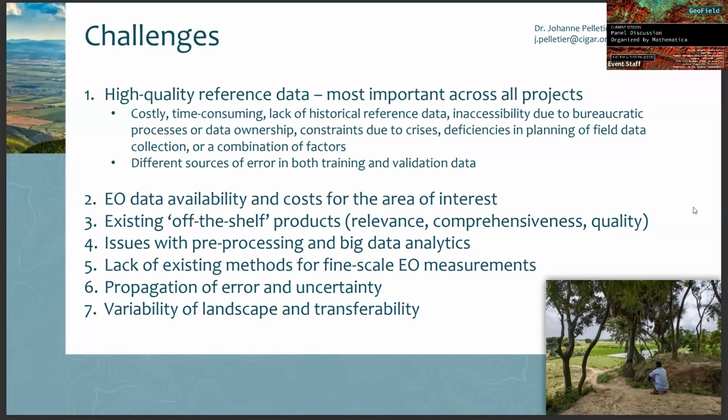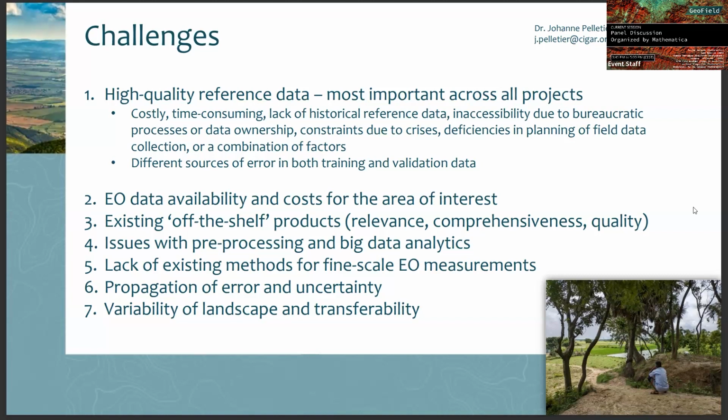It can be the costs, a crisis such as the pandemic, a conflict zone, or a disaster that prevents the team from going to the field. Or it could be constraints in data ownership, obtaining data from an organization that provides information but doesn't want to give the geospatial information, or there is some offset provided in the geospatial data, which can affect results and usefulness.